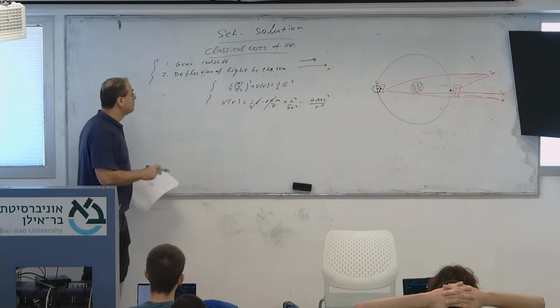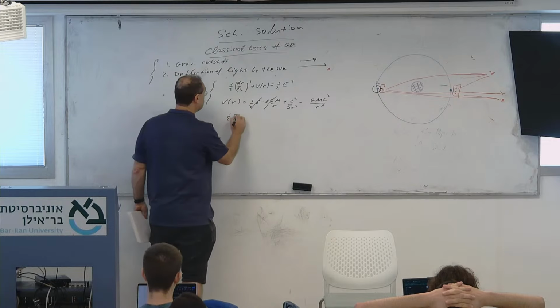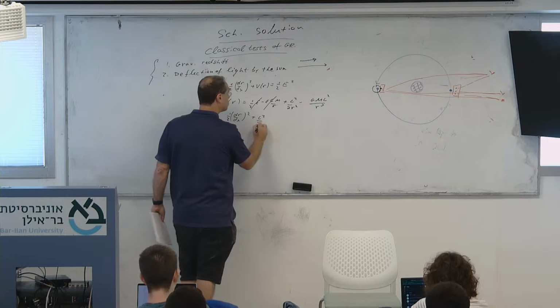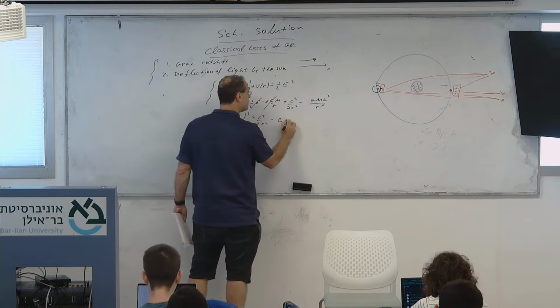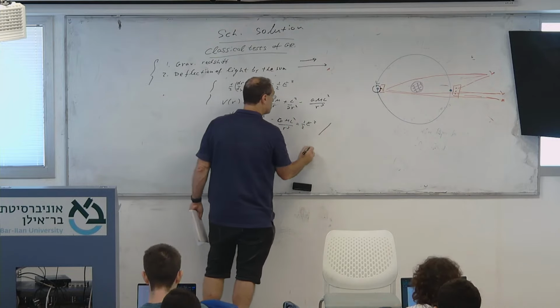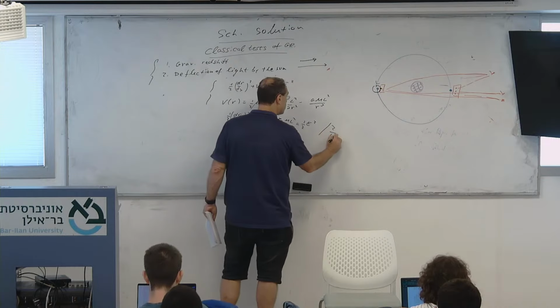That's fine. Plug it in. 1/2 (dr/dλ)² plus L² over 2r² minus GM L² over r³ is equal to half E². So I multiply by 2 over L².